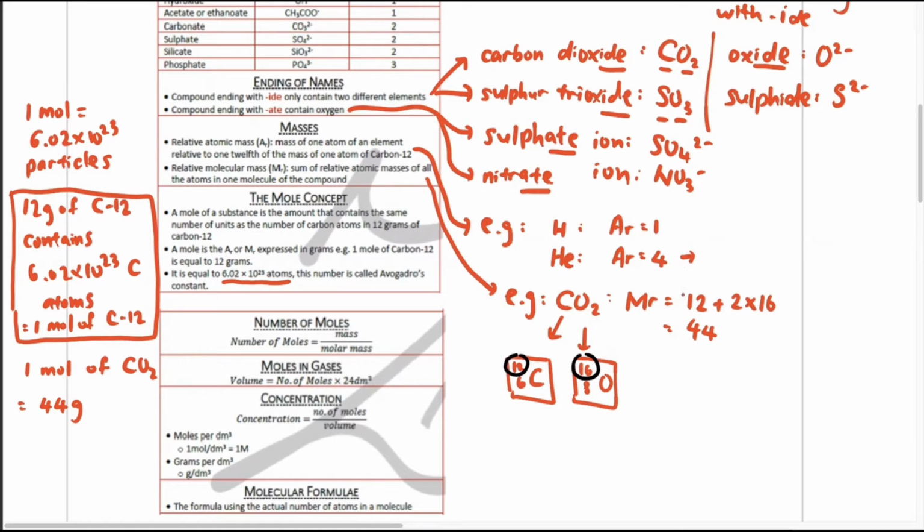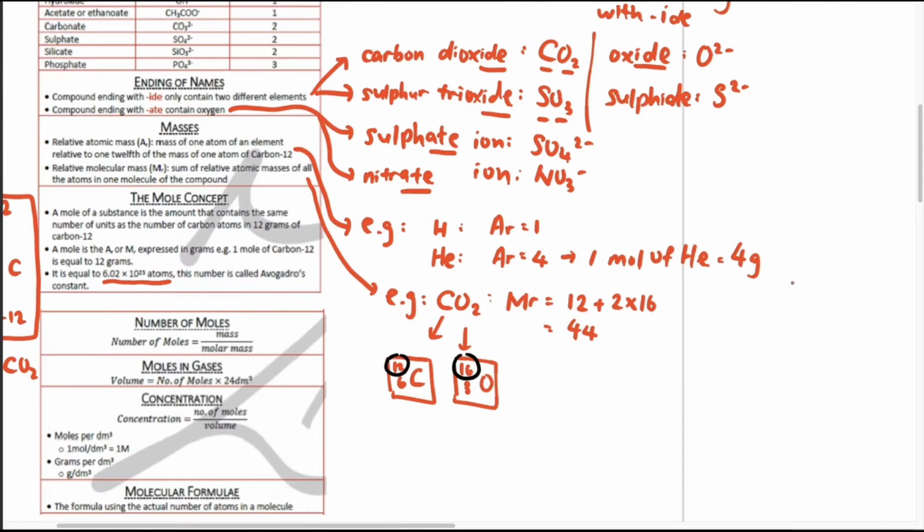Okay, so let's continue my example here. If the AR is 4, that means 1 mole of helium is equal to 4 gram. At the same time, you have to know how many atoms are here.